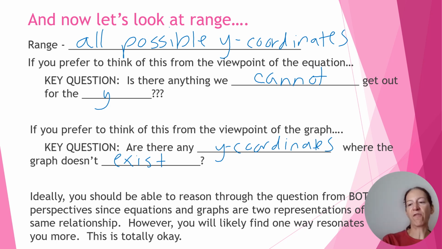Some of you are going to prefer to look at the graph. They're two representations of the same thing. And for me personally, a lot of times I prefer doing the domain with the equation, and I prefer doing the range with the graph. So you're not committing to these. It's just putting some options on the table for how you can reason through it.